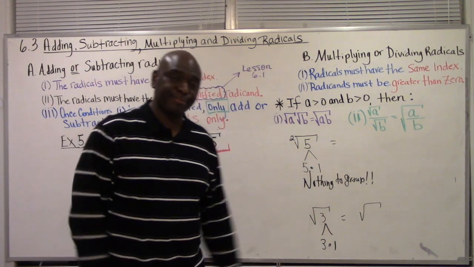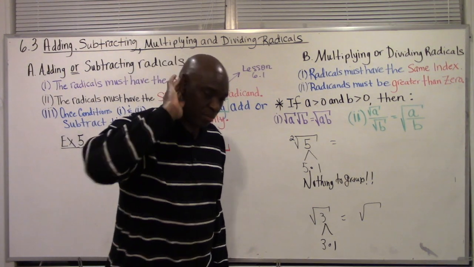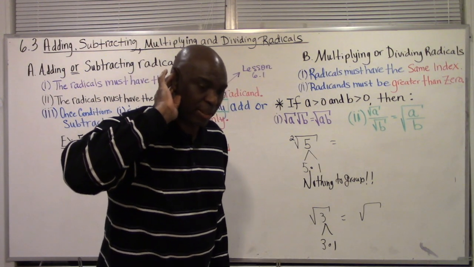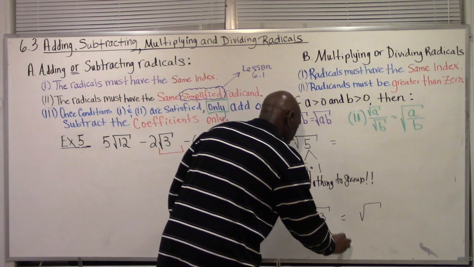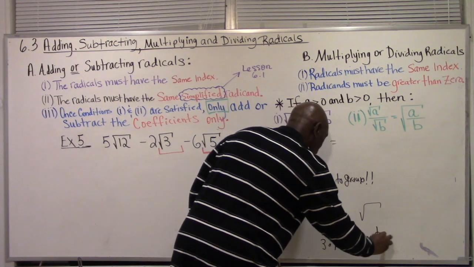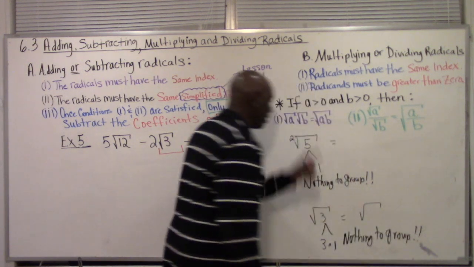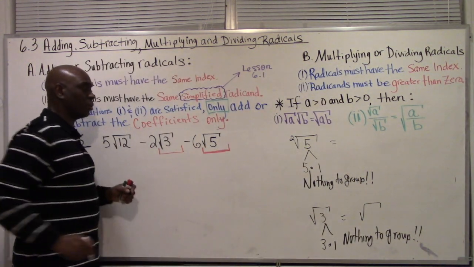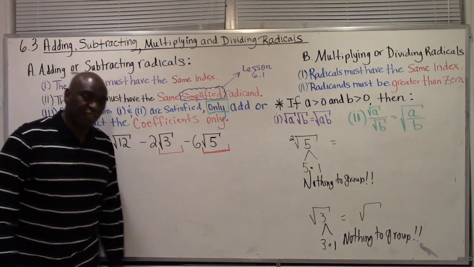Anything to group? Can we group anything there by 2s? Answer is what? Exactly. No. Nothing to group, which means we leave him alone. Can't mess with him. You leave him.